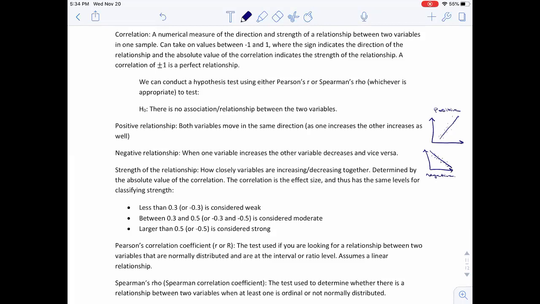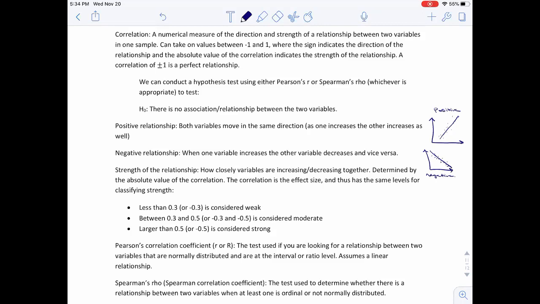The strength of the relationship is just how closely things are moving together, right? If you're looking at a scatter plot and the dots are forming a very distinct pattern, then you've got a strong relationship. If there's kind of random scatter everywhere, you've got a weak relationship. But your correlation, we said, is the same as the effect size.